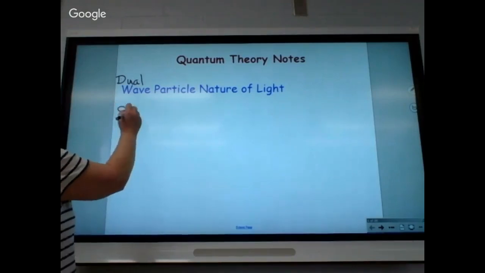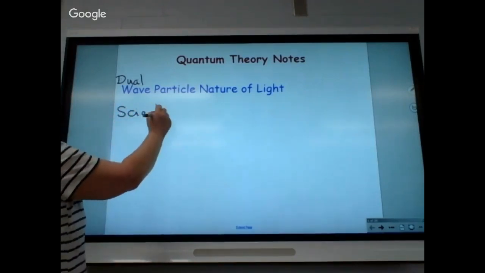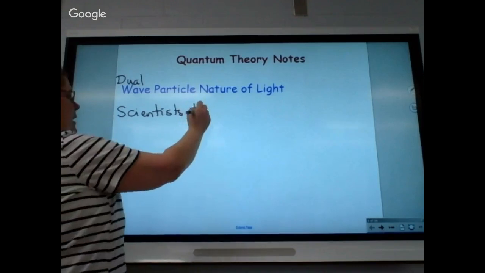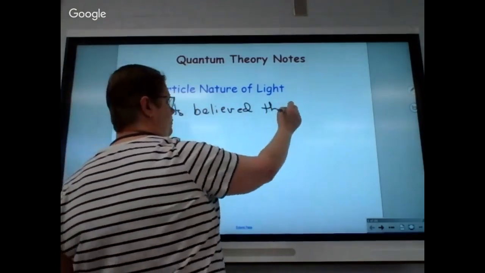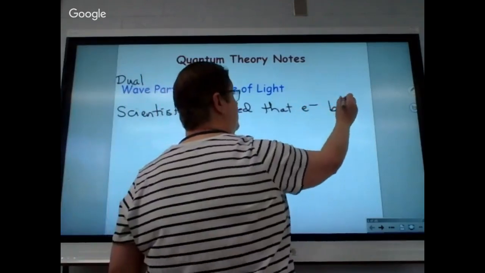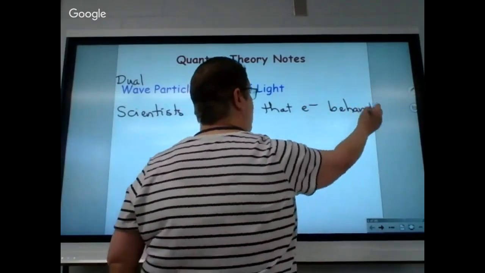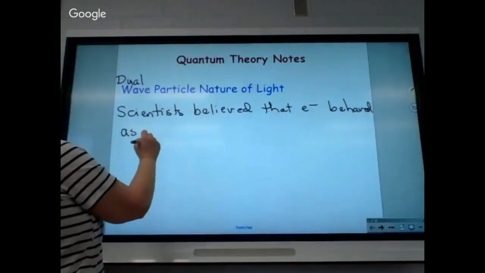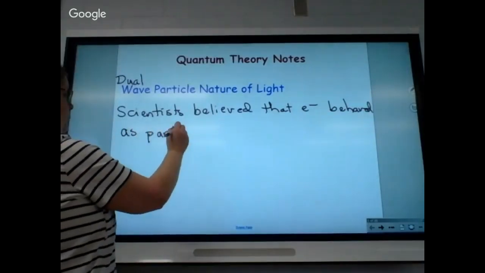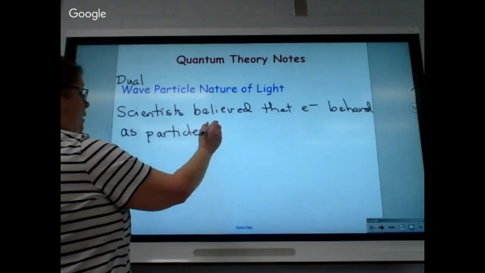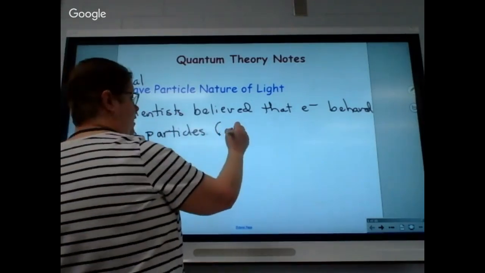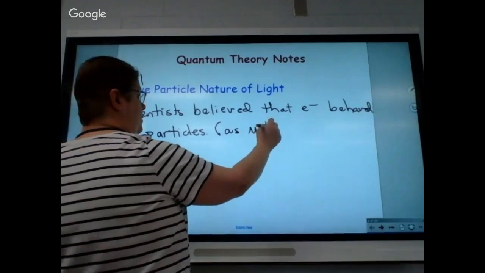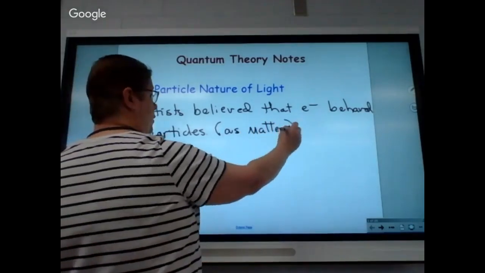Now, at one time, scientists believed that electrons behaved as particles. Now, you can think of that generally as matter, okay?